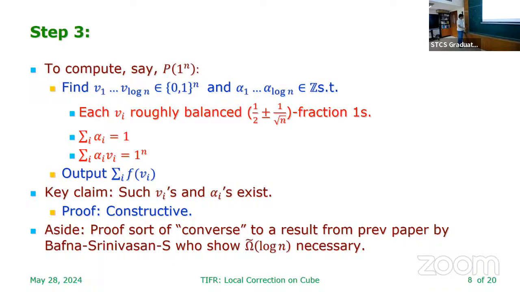I want to make sure that I can write the summation of alpha i Vi to be 1 to the n, where the alpha i's are some integers, and the summation of alpha i is equal to 1. So the alphas are positive and negative, and they're doing some combination, they should sum to this thing. If I can find some things that look like this, where the Vi's are somewhere in the middle, then I'm actually done.